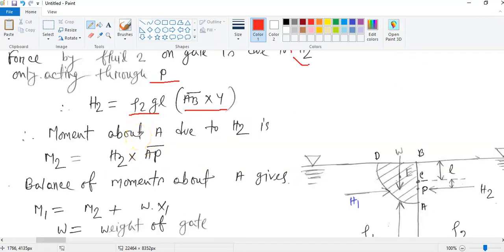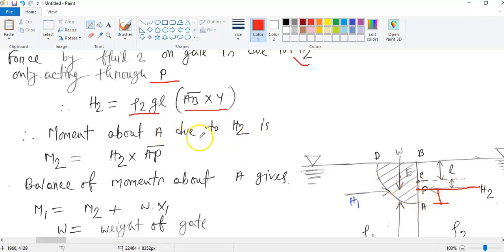So now if it is only this force, then the moment about A due to this horizontal force is the horizontal force times this distance from A, that means AP.